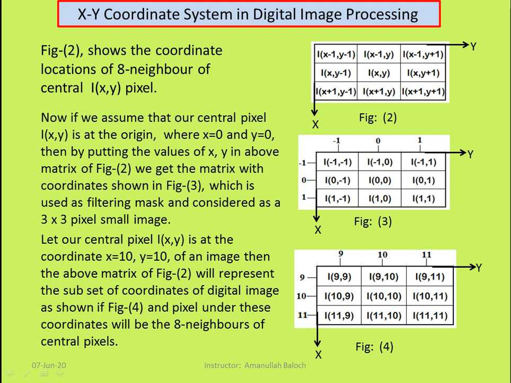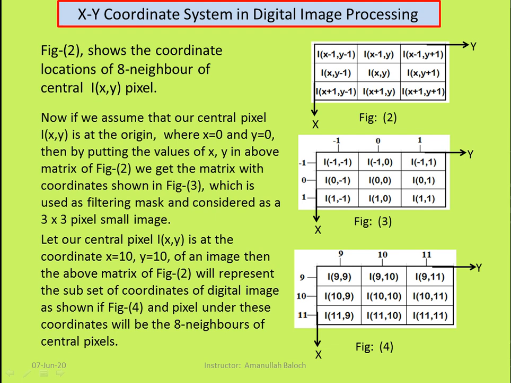Similarly this coordinate will have the value x is 0, y is 0 plus 1, that is 0, 1. I of 0, 1, the coordinate value of this pixel will be 0, 1 in this figure 3, because this is the central pixel. Here x is 0 and y is 0.